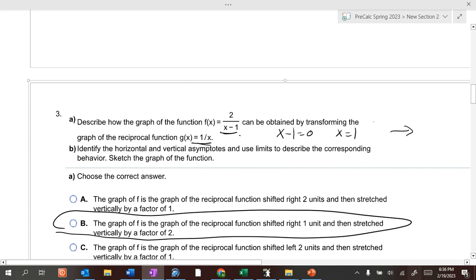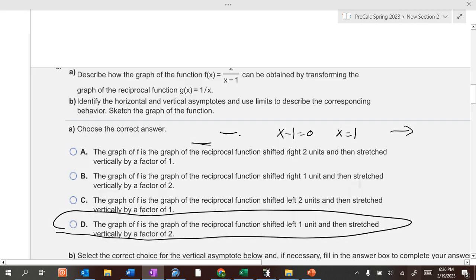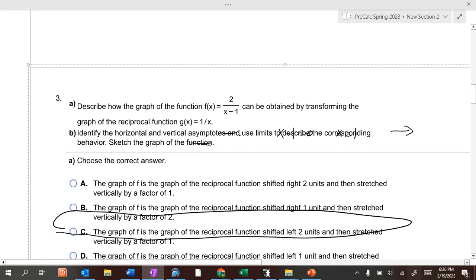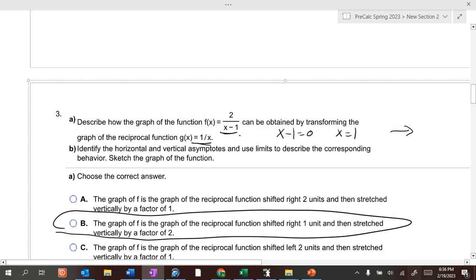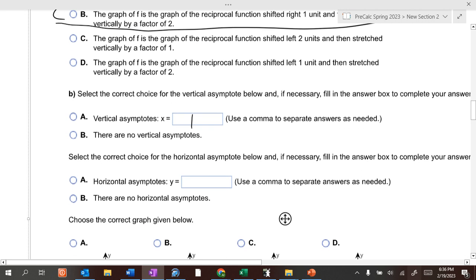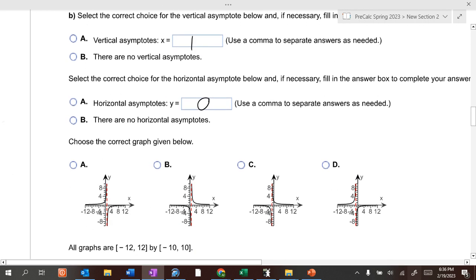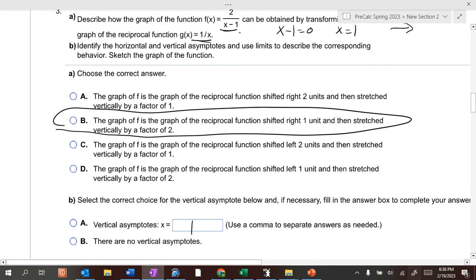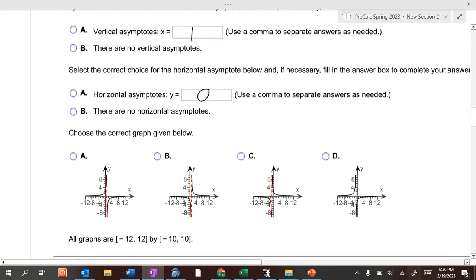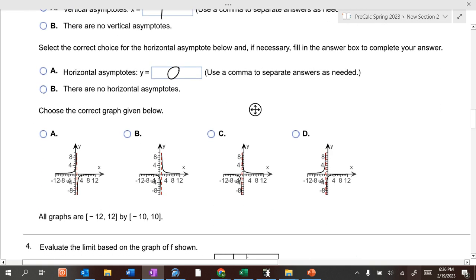Since the denominator has a higher power than the numerator, oh, I did it again. Horizontal asymptote is y equals 0. So what does it look like? Well, since there's not a negative, it's going to look like this, and it's going to be 1 to the right. So we're here.